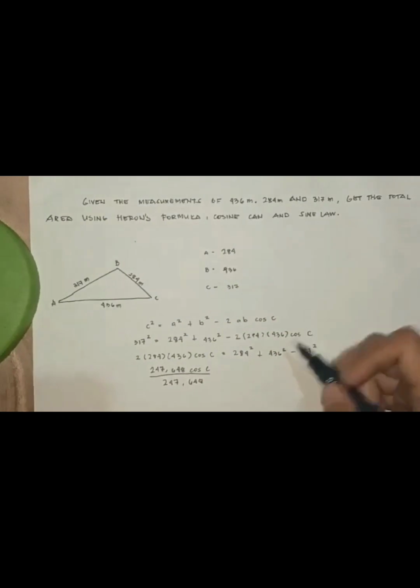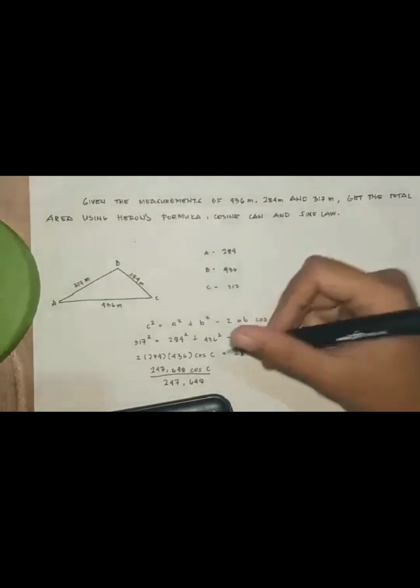And then on the other side we will add 284 squared plus 436 squared, and then minus C. The value of C is 317 squared.